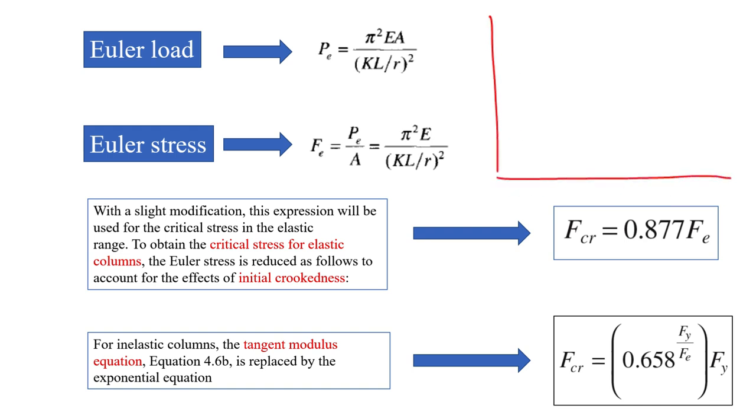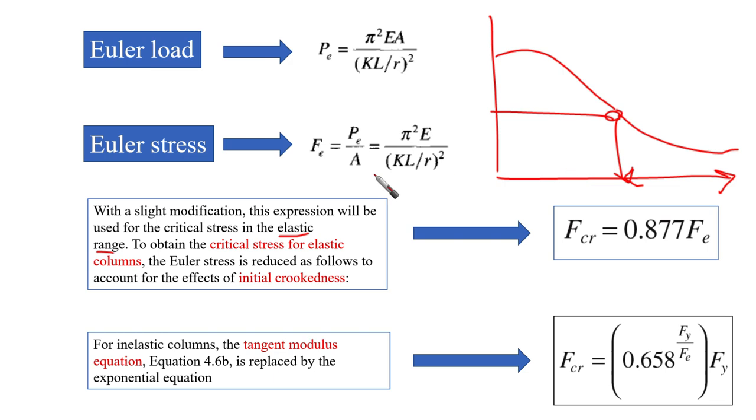This is the point where we have the proportional limit. So for the part of the elastic range, starting from here to here, this is the elastic range of buckling.